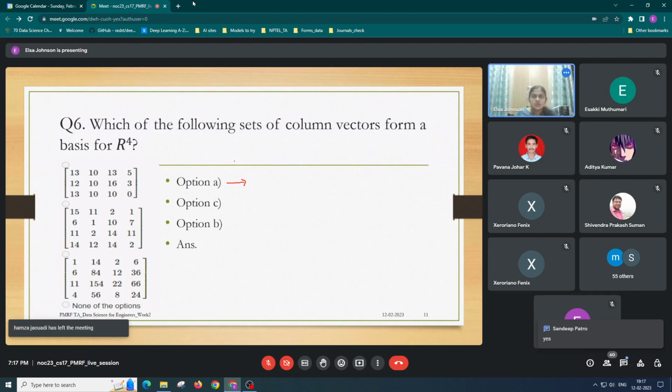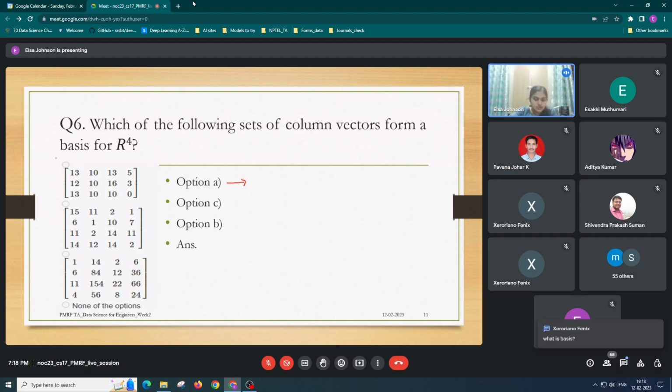Okay, so, which of the following sets of column vectors form a basis for R4? Can you find out the problem with option A? Is there any problem with option A? This is option A actually.